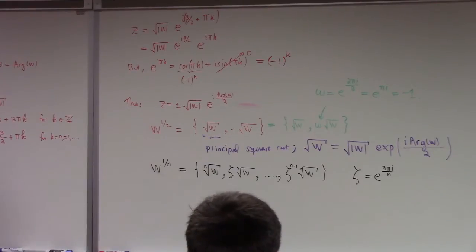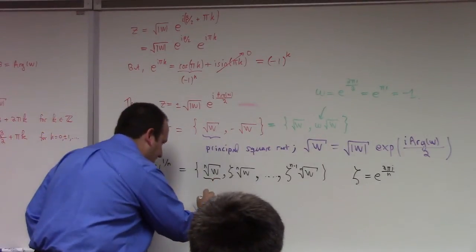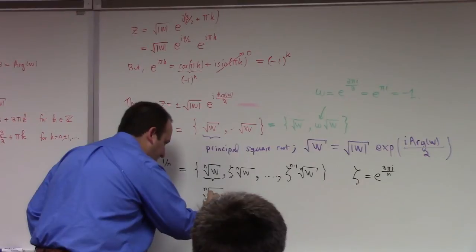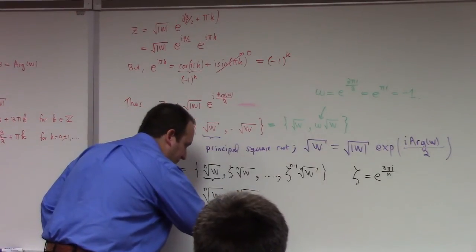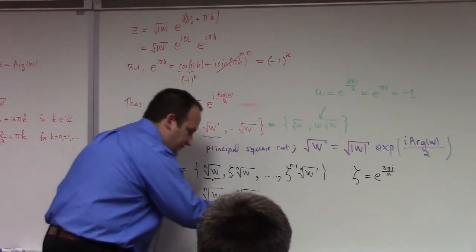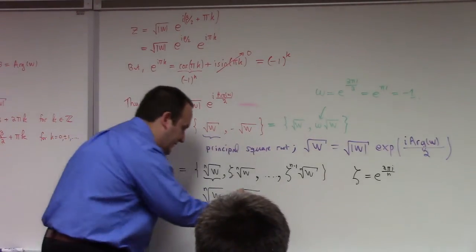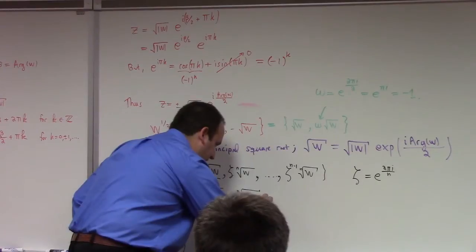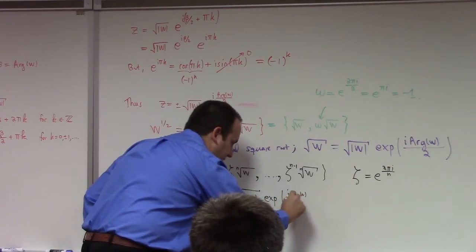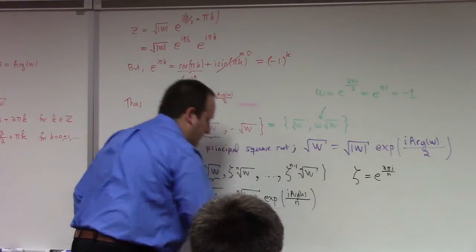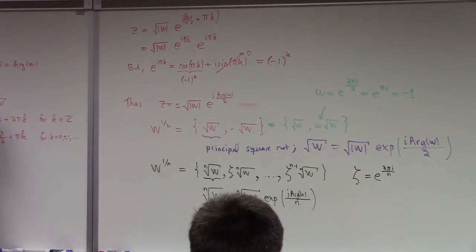So the point is, what is the principal nth root? You take the ordinary garden variety nth root of the modulus, which is a non-negative real number, and then we take the exponential of i arg of W divided by n. Then multiplying by zeta squared, zeta cubed, all the way up to zeta to the n minus 1 generates the rest of the roots.